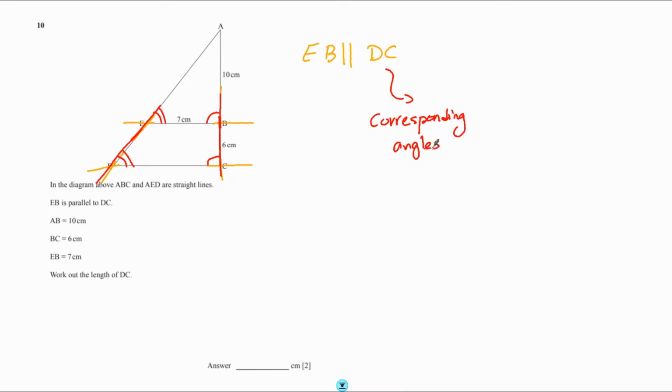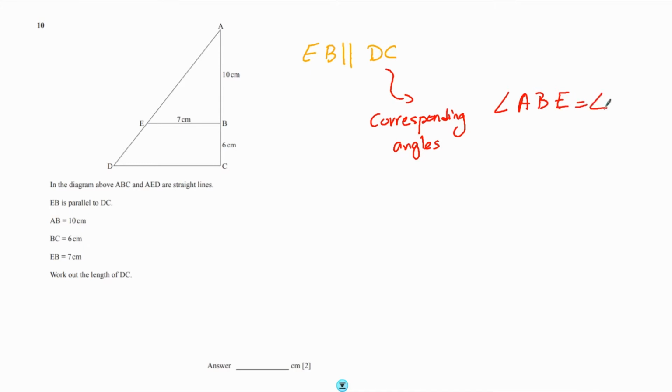And we can therefore say that angle ABE equals angle ACD. I'm just going to clear this section so that we can see it better, but that was just explaining why this is the case.